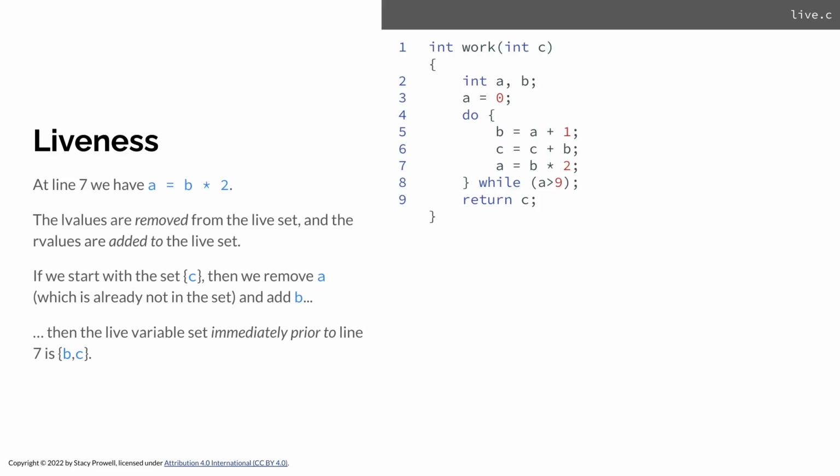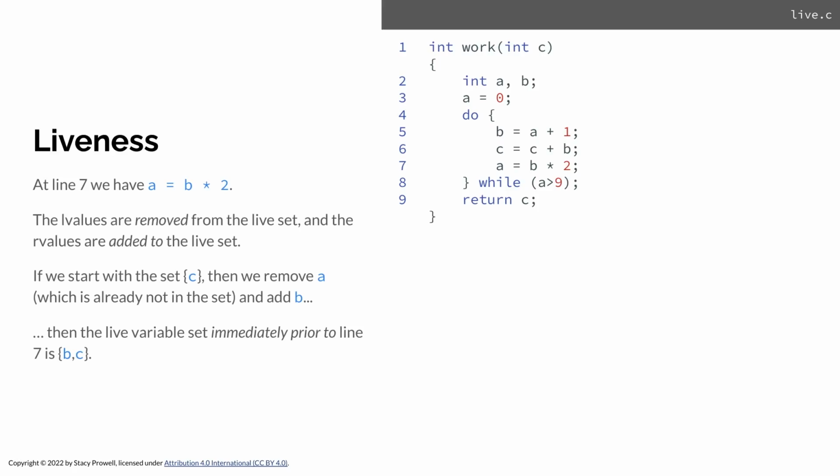So suppose we have a set after this line. We know a is live after it because we checked a in the predicate. So a is live here. But it's an L value in this line. It's overwritten, which means it's not live here. So we'll take things that are L values out of the set of live values.